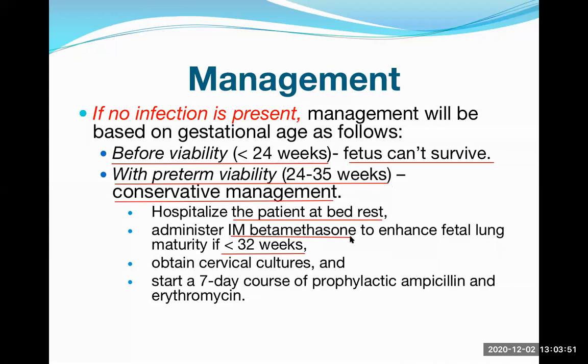Definitely, because we want lung maturity in the baby who is going to be born. If we do not do this and the baby is born quickly, the baby will suffer from hyaline membrane disease or respiratory distress syndrome of prematurity. This is a serious condition.